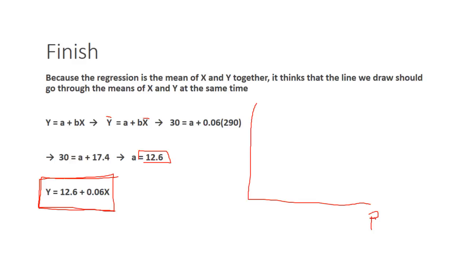I put their batting average here. I put the number of games they win here. I put a point right here, and that point is 12.6.